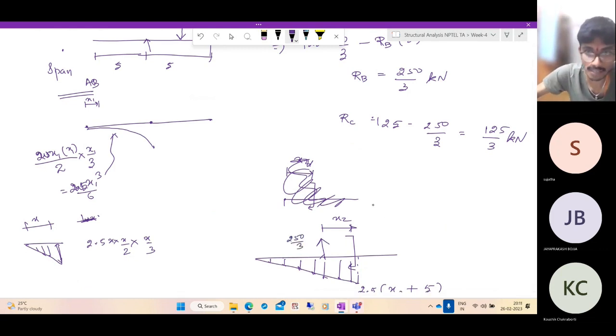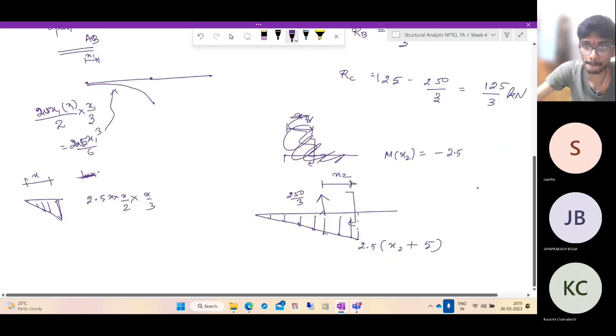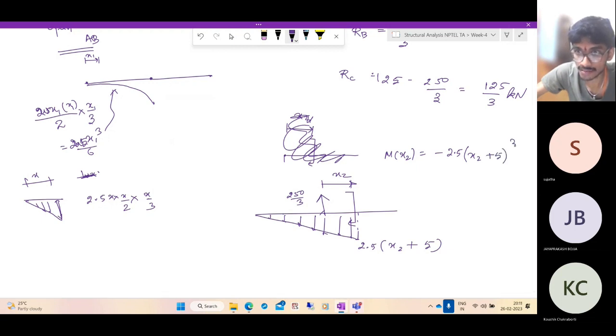So what is the bending moment in this span? M of x2 is nothing but minus 2.5 into x2 plus 5, same thing, for the triangular load this will be the bending moment, plus 250 by 3 into x2.